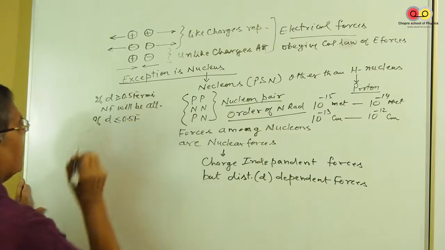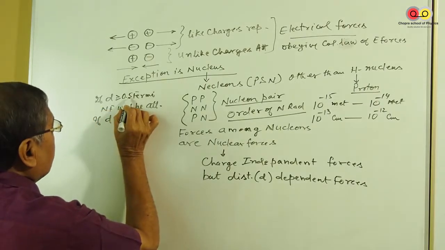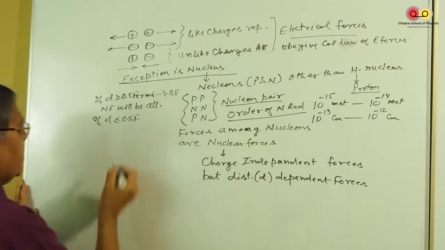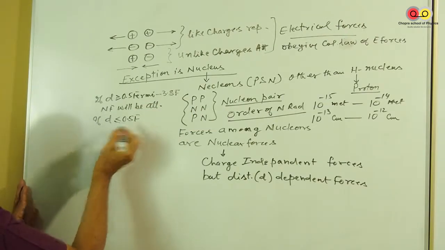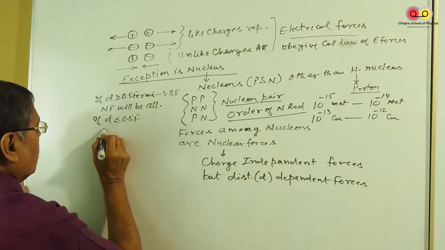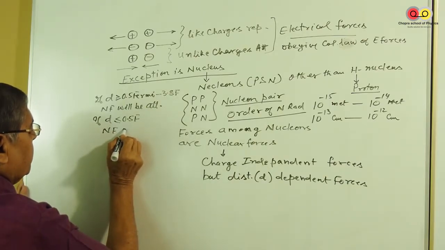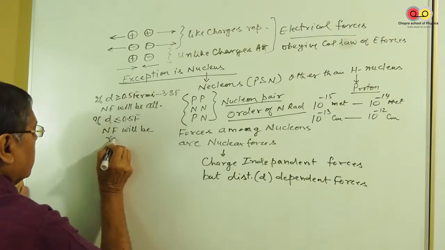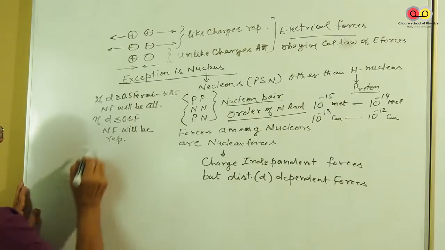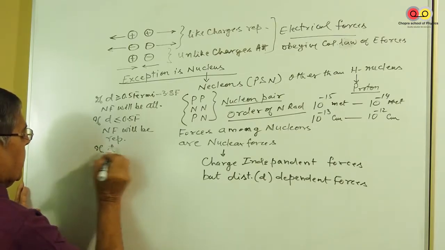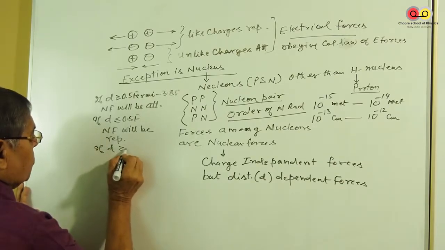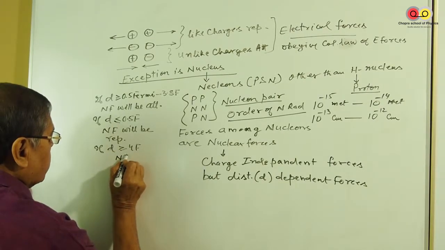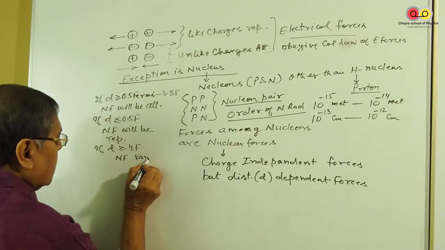This is distance greater than or equal to 0.5 Fermi up to 3.8 Fermi. But if it is less than or equal to 0.5 Fermi, nuclear forces will be repulsive. If D is greater than or equal to 4 Fermi, the nuclear forces vanish.